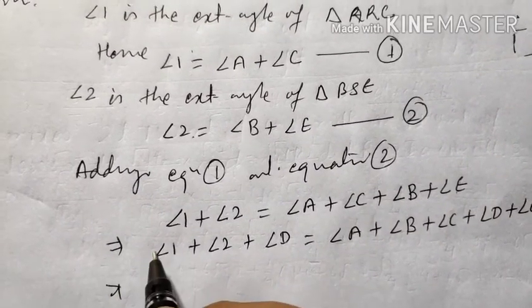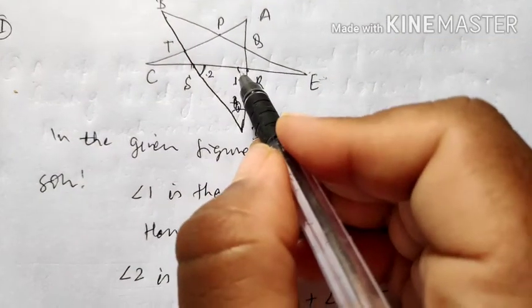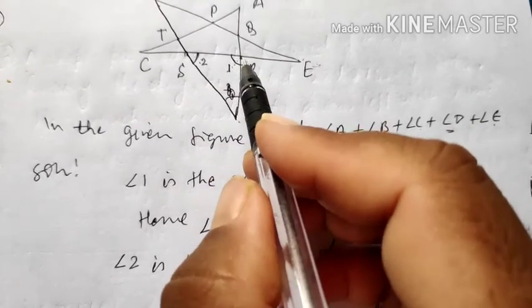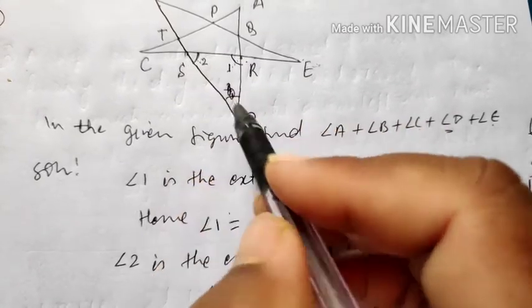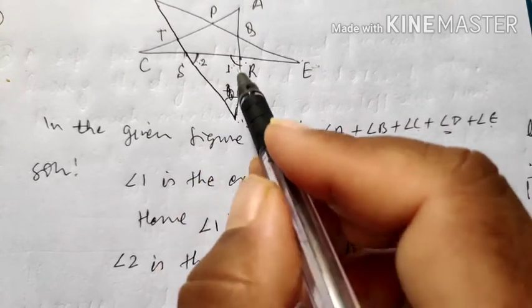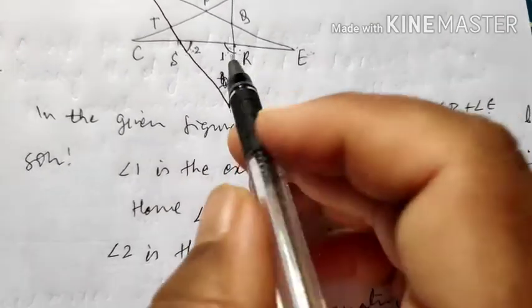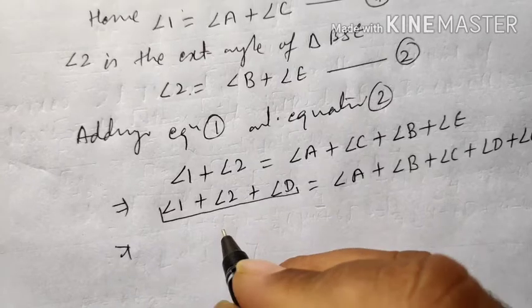Now, see that angle 1, angle 2 and angle D are the interior angles of the triangle DRS. That means the sum of these three angles must be 180 degrees. So angle 1 plus angle 2 plus angle D is 180 degrees.